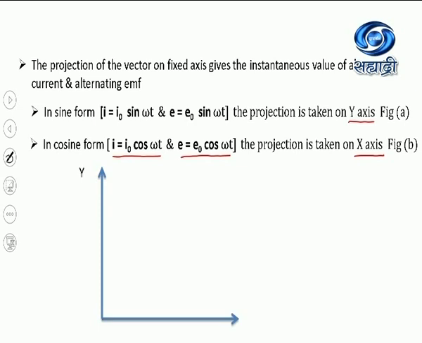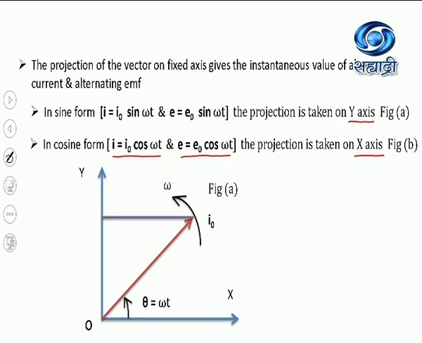Here let us draw the diagram representing the phasors, x and y-axis, origin O. The vector which is representing the phasor is shown in red. This phasor is rotating in anticlockwise direction with constant angular velocity omega. And let us consider that we are representing current as a phasor, peak value of the current is represented by the length of this vector.